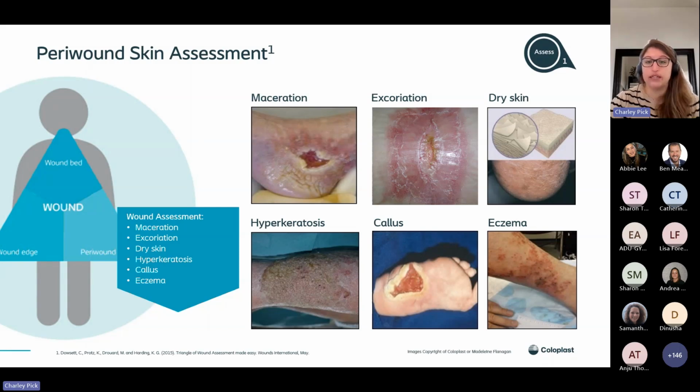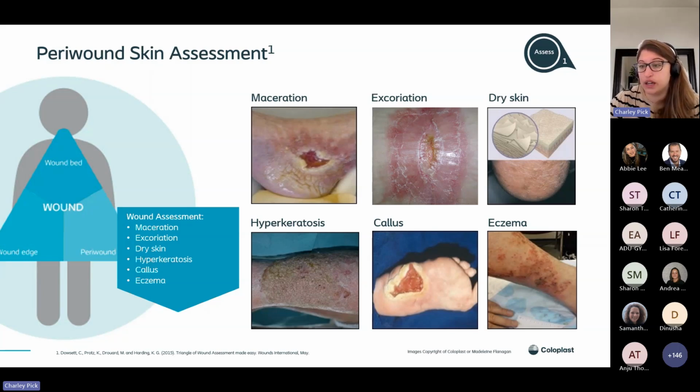Your hyperkeratosis, I'm sure all of you have probably seen hyperkeratotic legs. And I don't know about you, but I used to spend ages sitting and picking at hyperkeratosis. Good wound preparation will help with hyperkeratosis and help to improve that peri-wound skin. Callus you generally tend to see on patients with diabetic foot ulcers, so that callus needs to be removed.